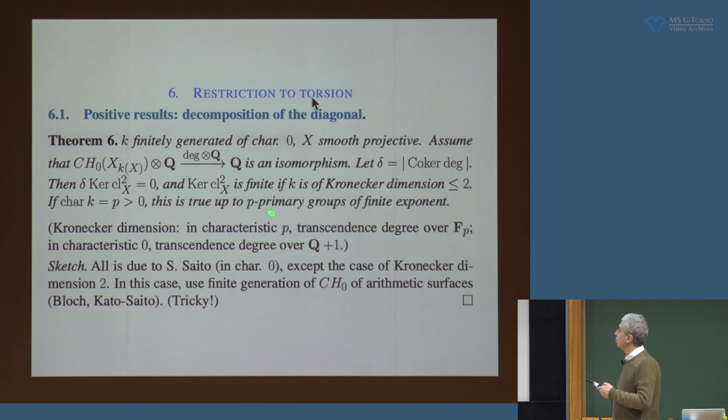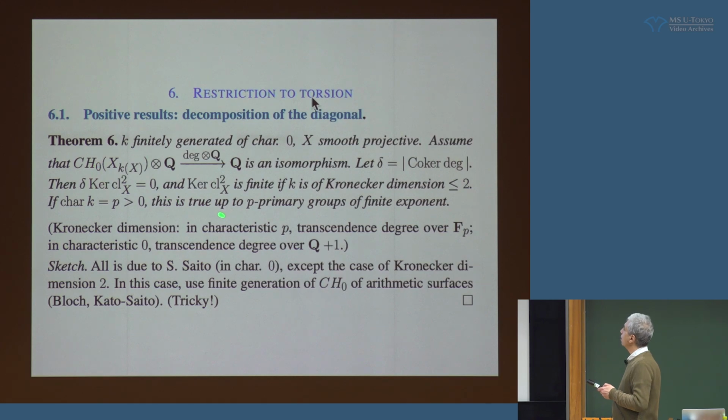And that's what the theorem says. Now here it's tensor Q, but let me drop tensor Q. Then there's really a degree, this integer delta. So first thing, delta kills the kernel of the cycle class map.